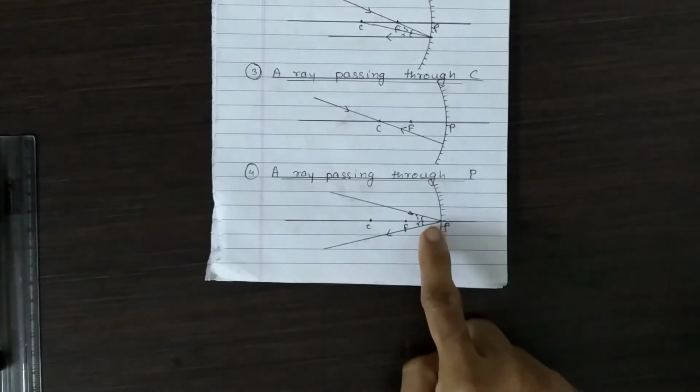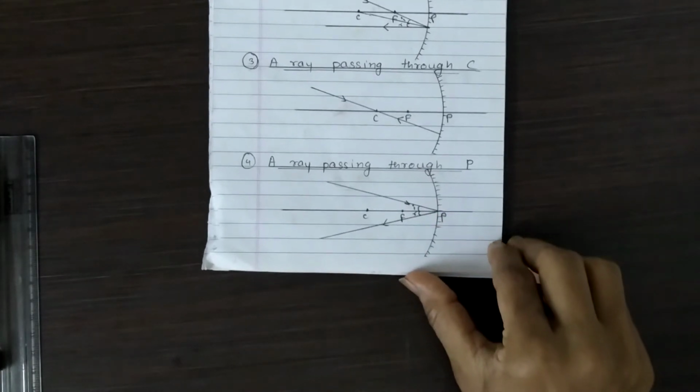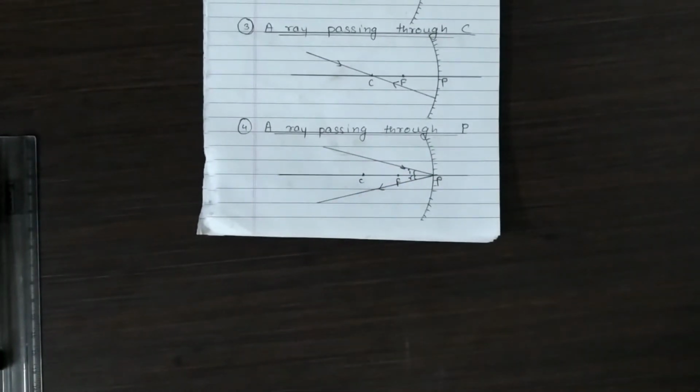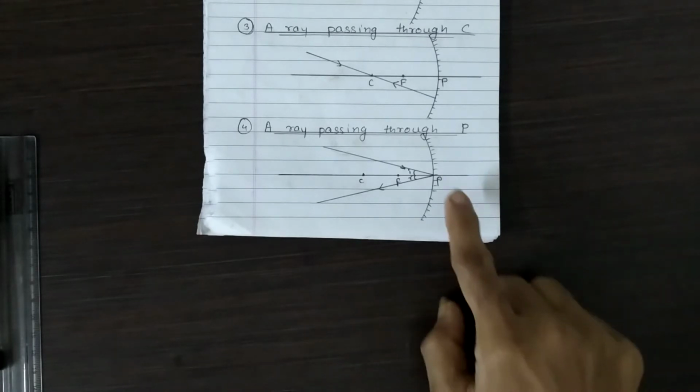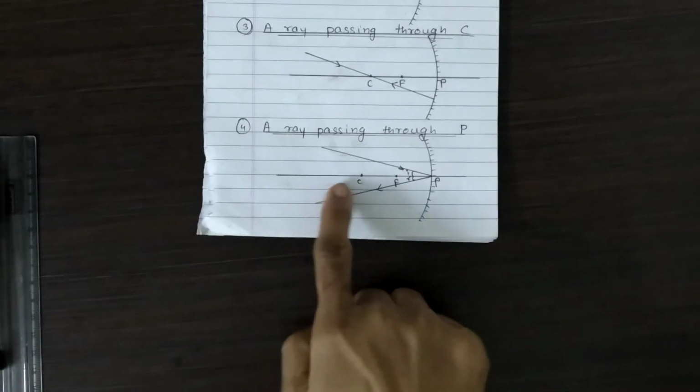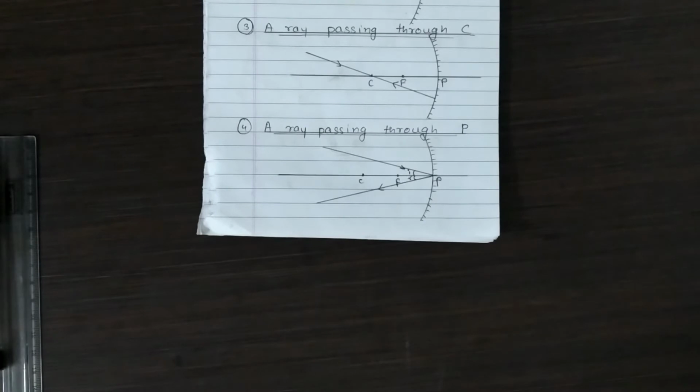But in this fourth case, ray is falling obliquely over the P. That's why it will follow the law of reflection, and after that it will reflect obliquely from P, and it will follow the law of reflection that says angle of incidence will be equal to angle of reflection, and here normal will be exactly the principal axis.